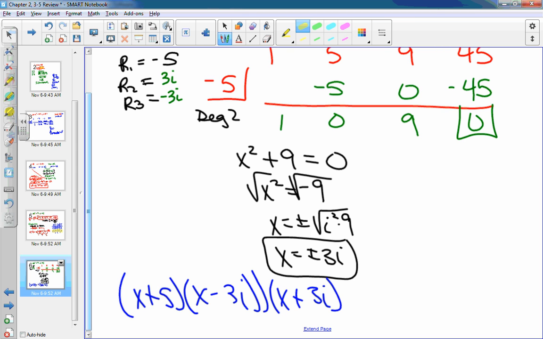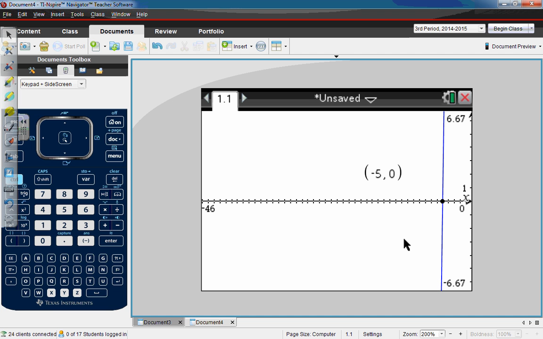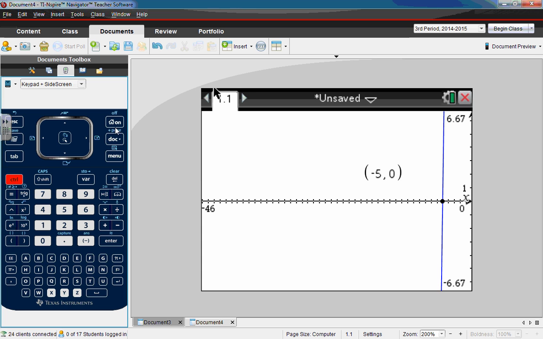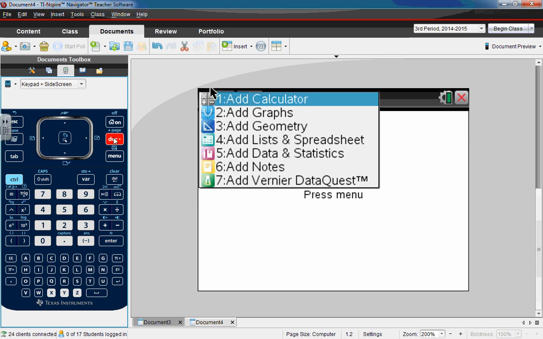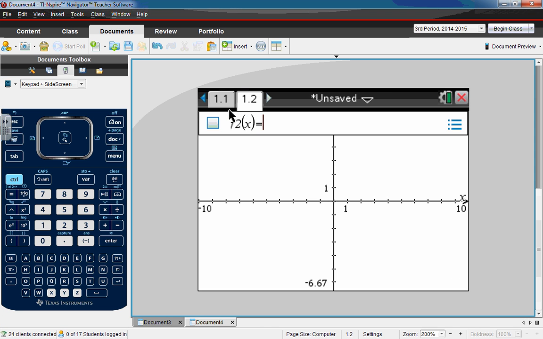Now, many of you are struggling with what number? Okay. Now, what I'm hearing is worksheet 2, number 4.